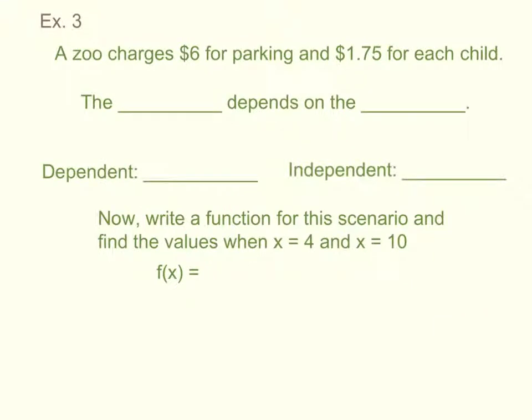Example 3 says, a zoo charges $6 for parking and $1.75 for each child. Now, we're trying to figure out what our dependent relationship is here. So we all know that if we go someplace with our family, the amount of money that we have to spend depends on however many people we bring. So what we can write down here is the total cost depends on the number of children.